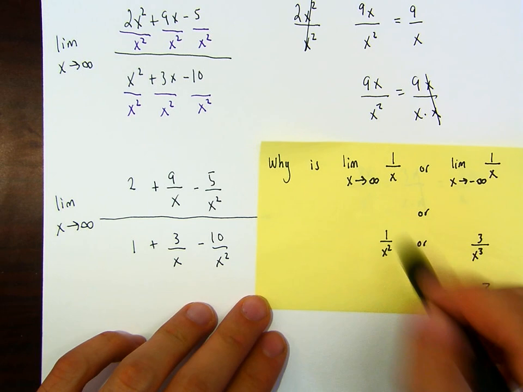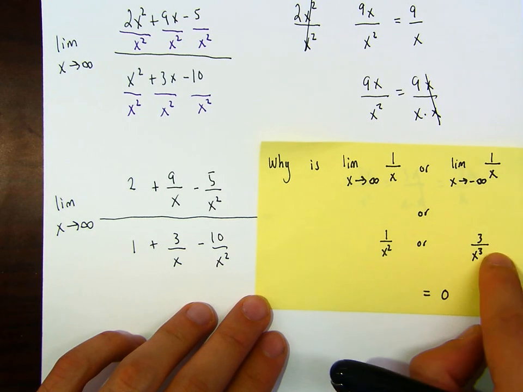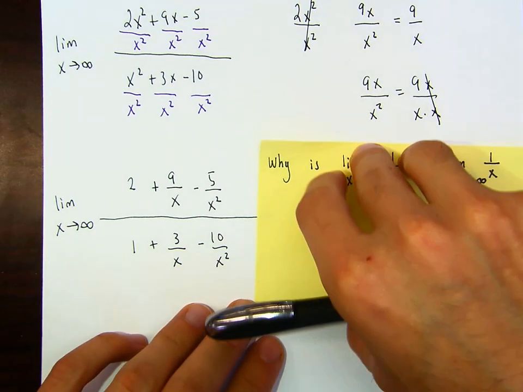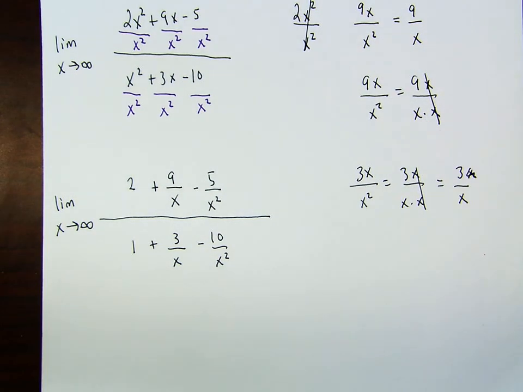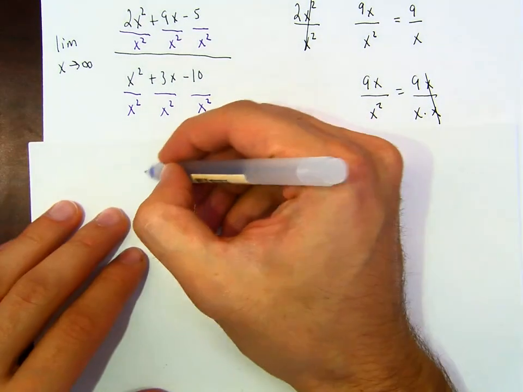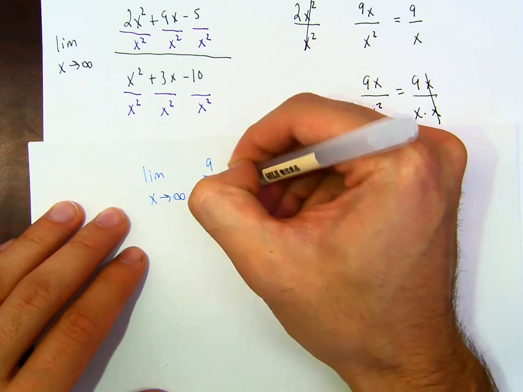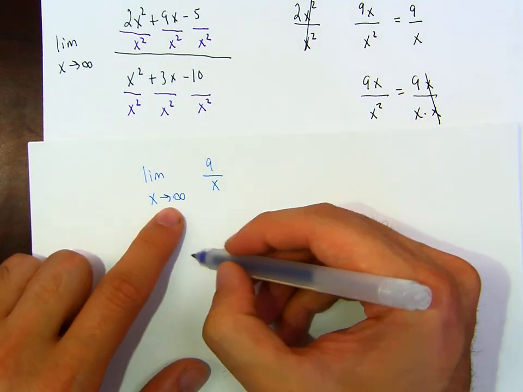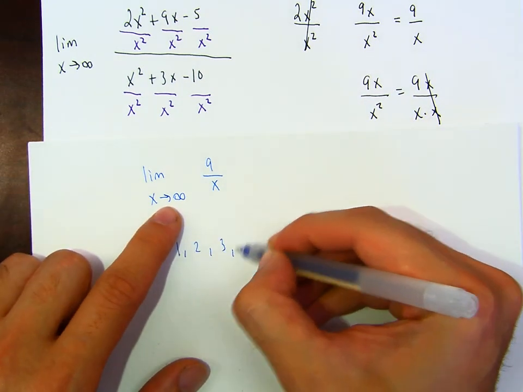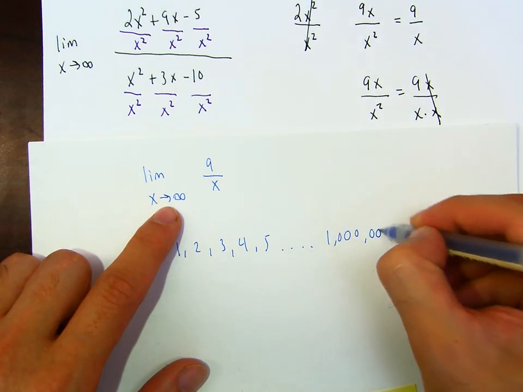Why is it that when you take the limit as x approaches infinity for this, it has to equal 0? Let's say you have the limit as x approaches infinity of 9 over x. Well, let's just think about it. Imagine if you have x as 1, then 2, then 3, then 4, then 5, then like a million, right?